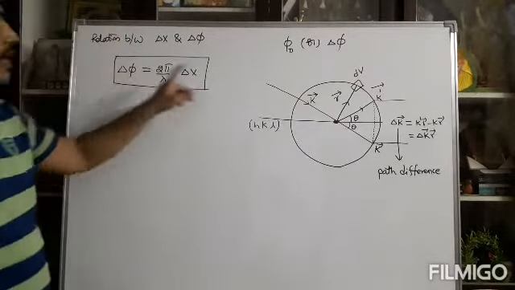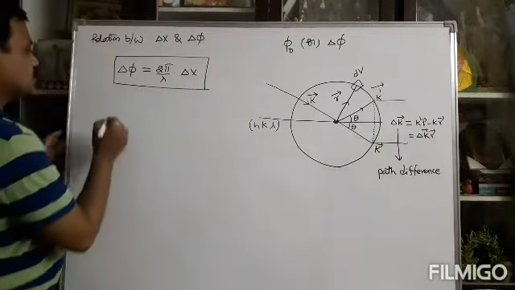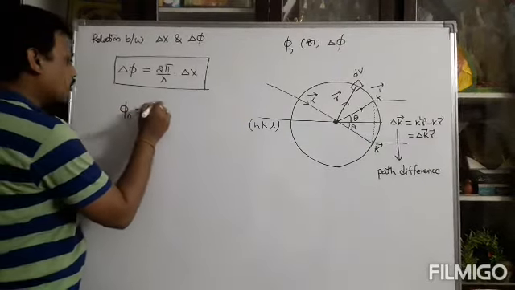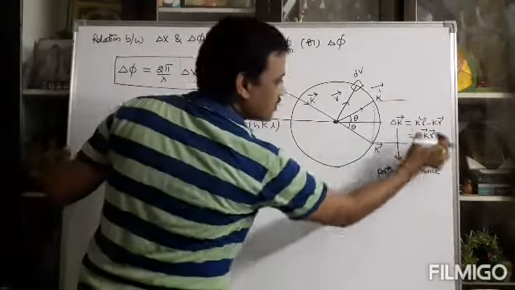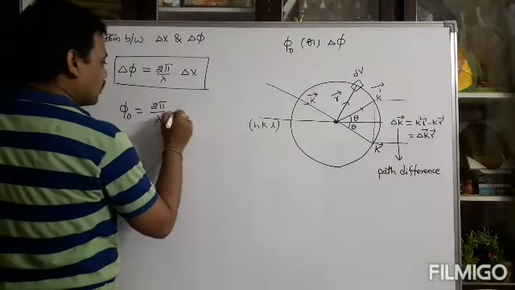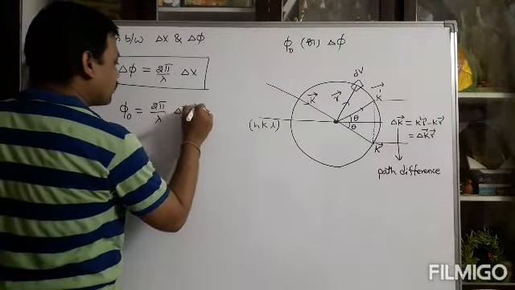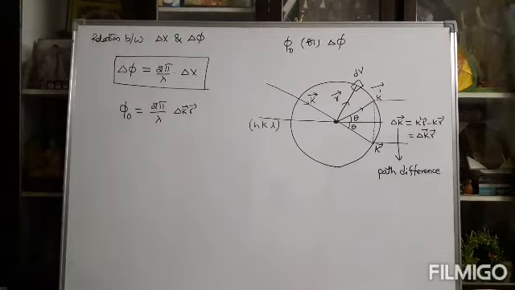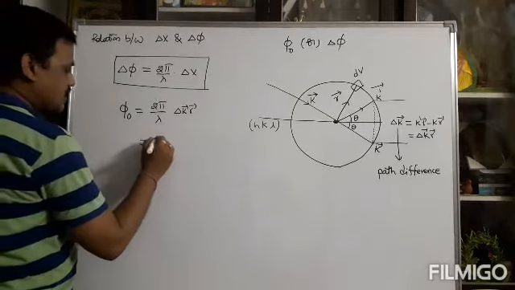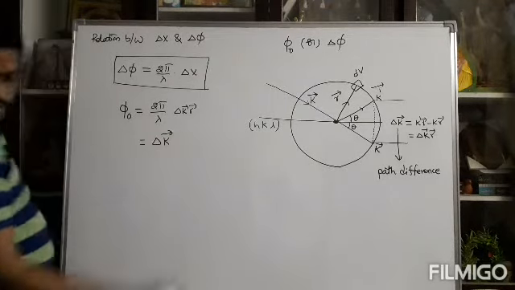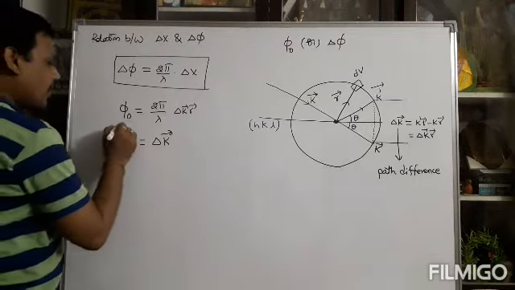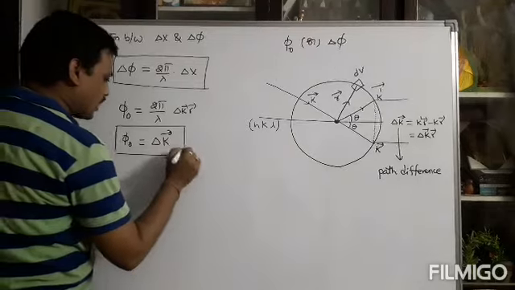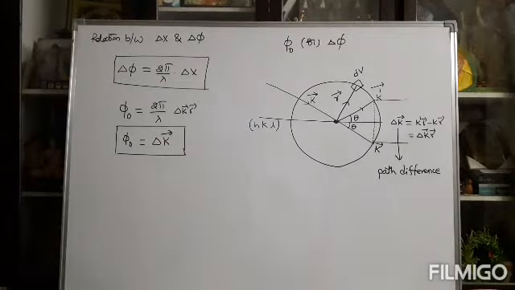Here the phase difference is phi naught, so phi naught is equal to 2 pi by lambda into delta x, the path difference, which can be taken as delta K bar dot R bar. So the phase difference between the scattered X-rays, phi naught, can be taken as delta K bar dot R bar.